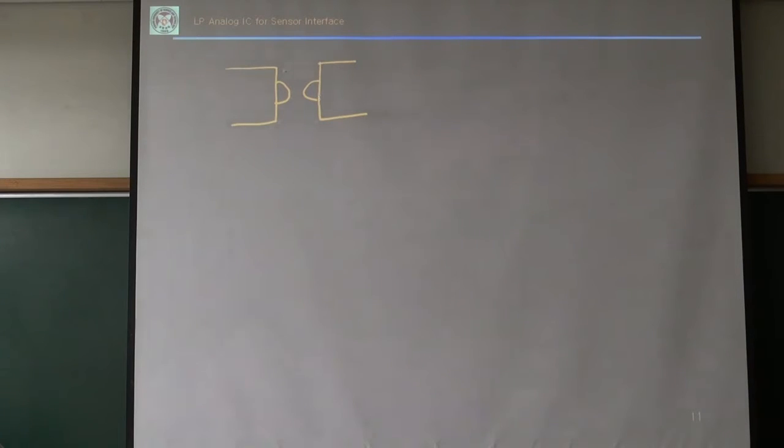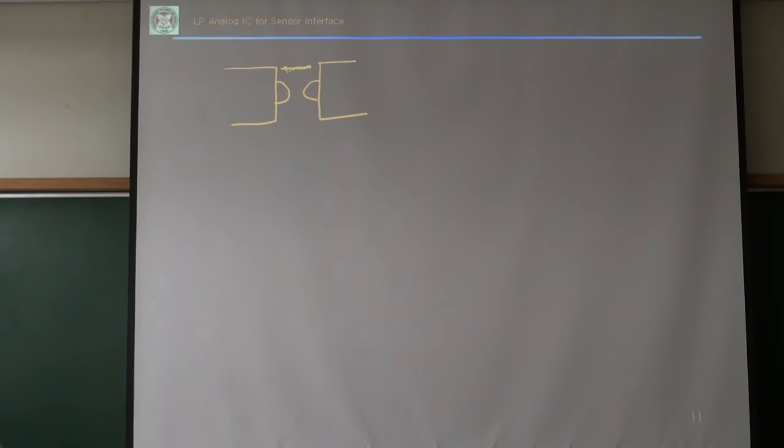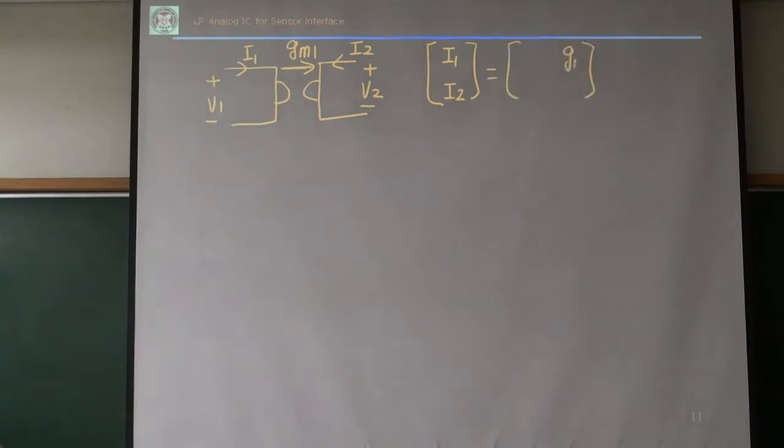Now it has some polarity, right? Some polarity, GM1. Then this means, if I put current polarity like that, let's see what my gyrator is. Then I1, I2 should be something like: GM1, minus GM1, 0, times V1, V2.